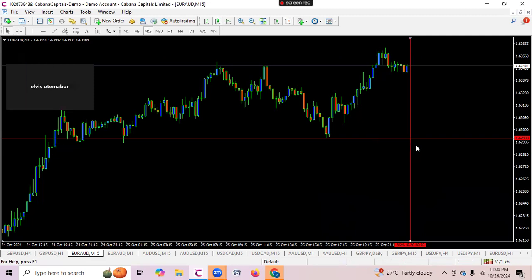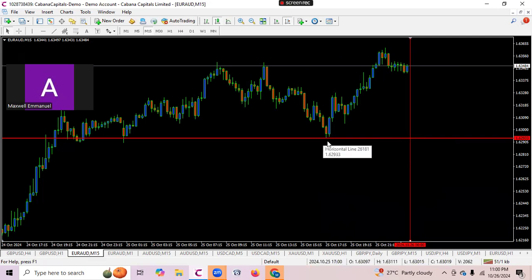I know before price breaks this most recent higher low, it will create a fair value gap. There's a high probability that it will create a fair value gap before it breaks this low. So you should wait for price to fill that fair value gap before this most recent higher low is cleared.